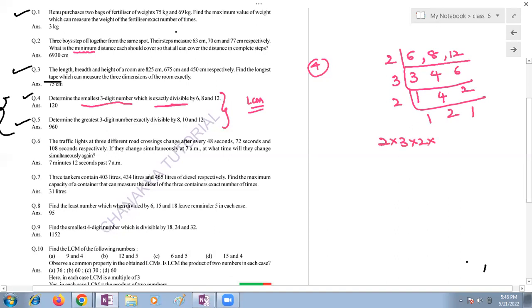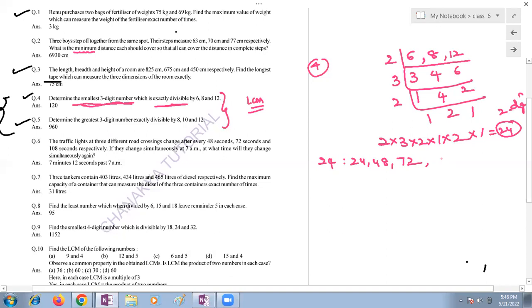Ma'am, 2, 2, 3, 12, 2s are 24. 24 is the LCM. But 24 is what type of number, 2-digit number? Yes, ma'am. What is our question asking? Determine the smallest 3-digit number. Write down the 24 multiples: 24, 48, 72.